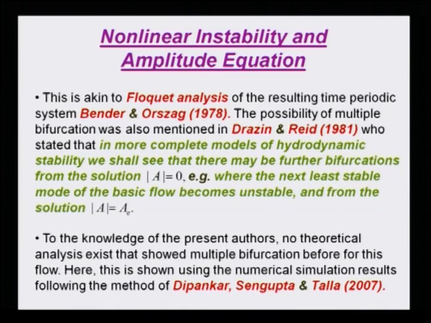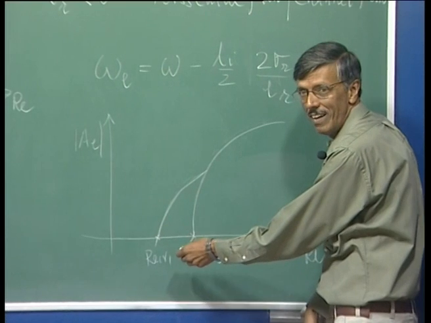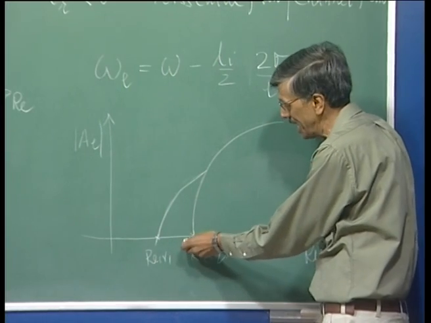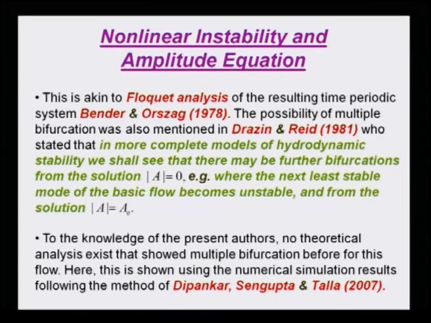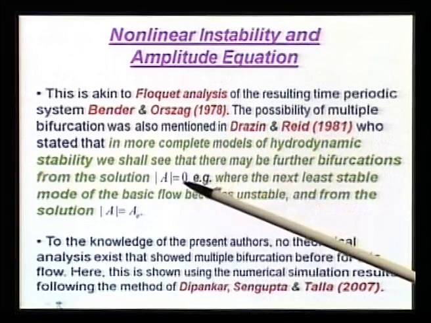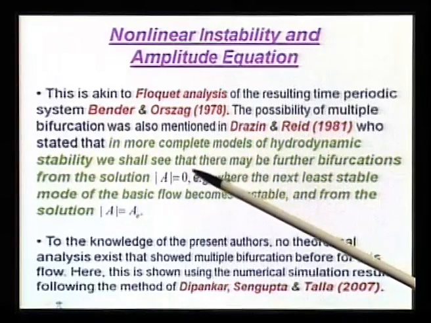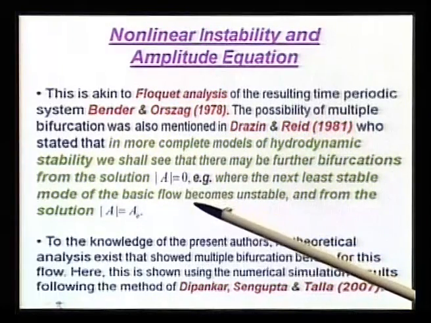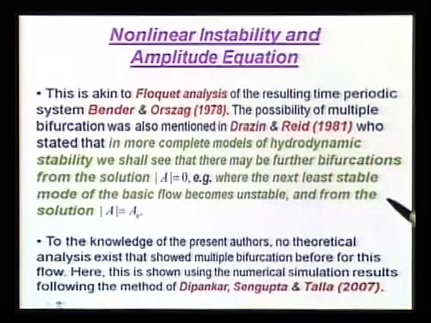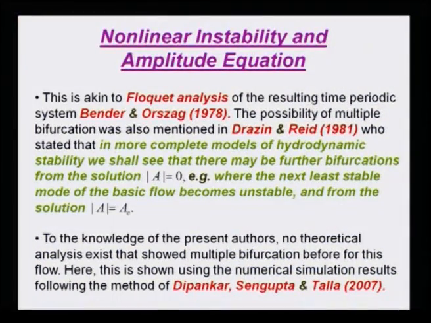Suppose I miss the bus here, I still have A equal to 0, I can latch on to here. And that is what is being said here, that at a subsequently higher value of the parameter, A equal to 0 would again be susceptible to instabilities, and then you can get higher order instabilities.